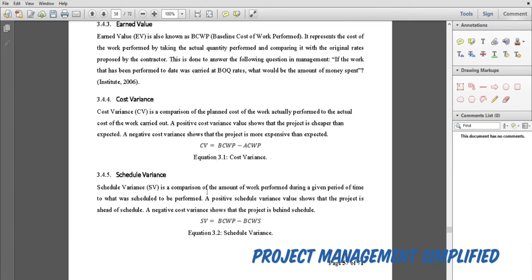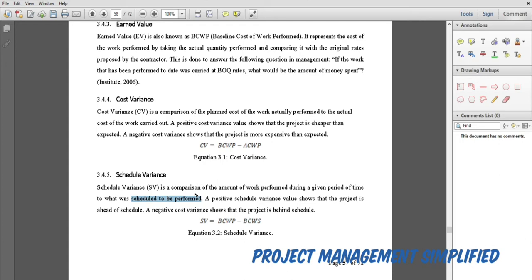We have a schedule, and until this date we have to complete this much work. But until this date, how much have we actually performed? The difference between these two is called the schedule variance. A positive schedule variance value shows that the project is ahead of schedule.